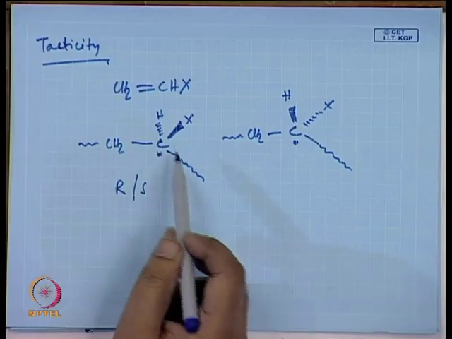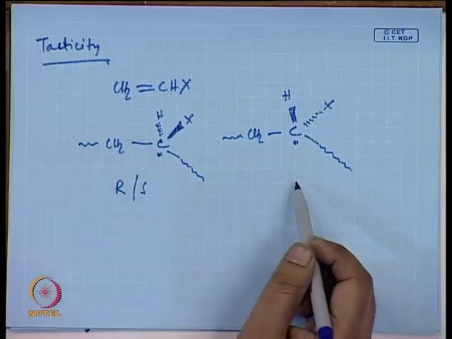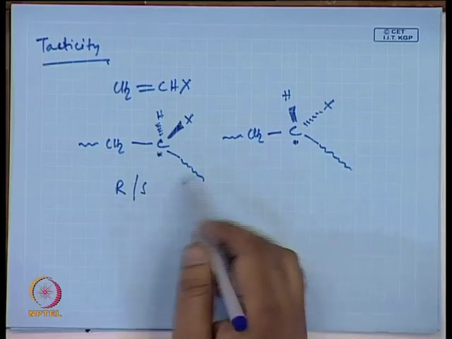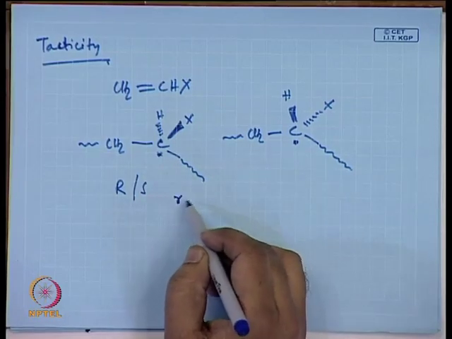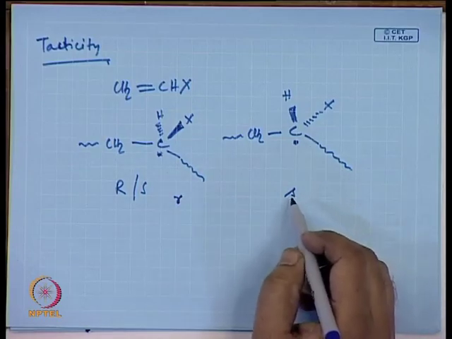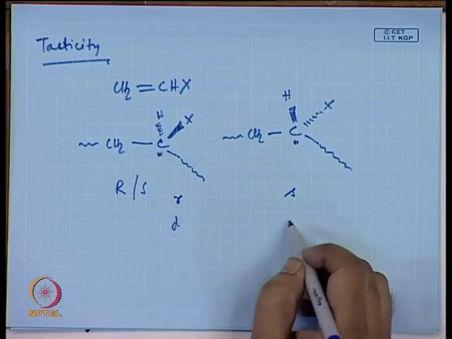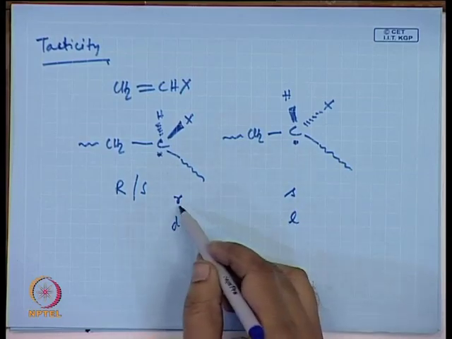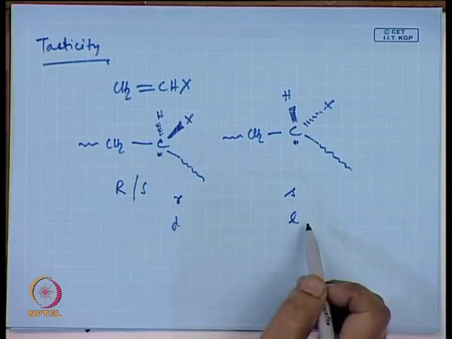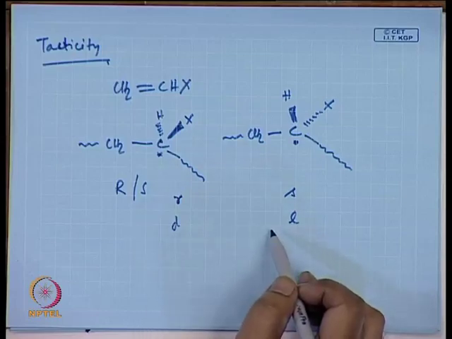We do not know from this structure whether this is R or S, but at least we know if this is R, then this will be S, or if this is S, it will be R. To avoid confusion, sometimes it is written as a lowercase r, and sometimes as S, and some people also prefer to write D and L, but if it is D then the other is L, and if it is L then it is D. These are the other types of nomenclature we use.